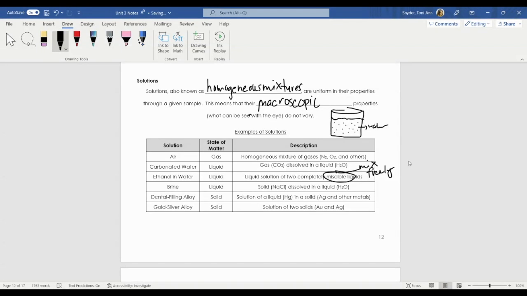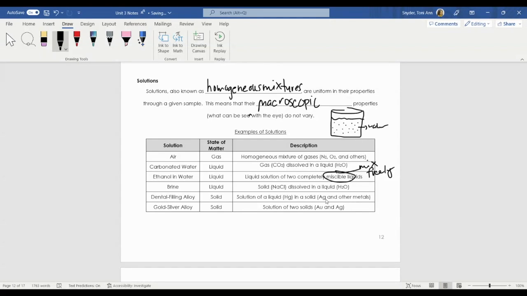However, for the dental filling alloy, liquid mercury and solid silver, we're not going to make the same kind of alloy because this is a liquid, but we do have some tiny bits of liquid mercury dissolved within a solid solvent. In this case, our solvent is the silver.